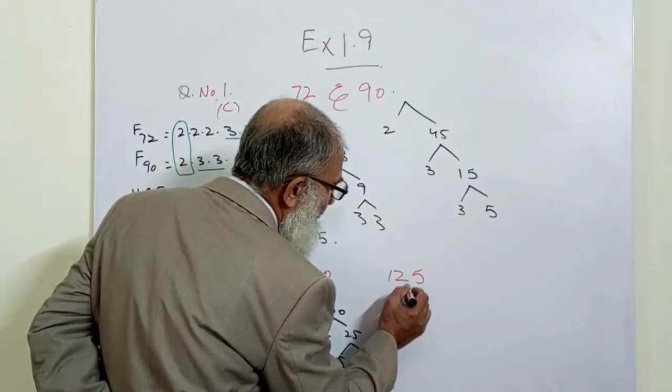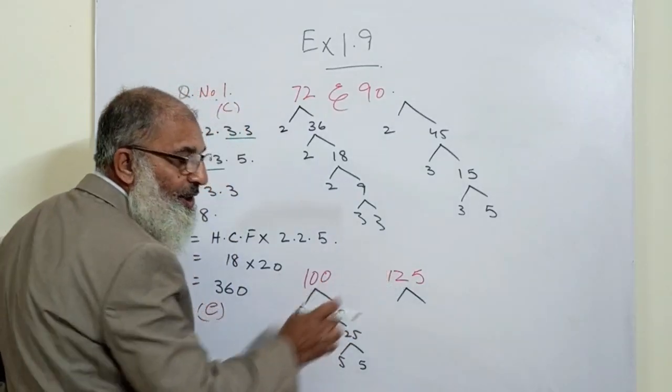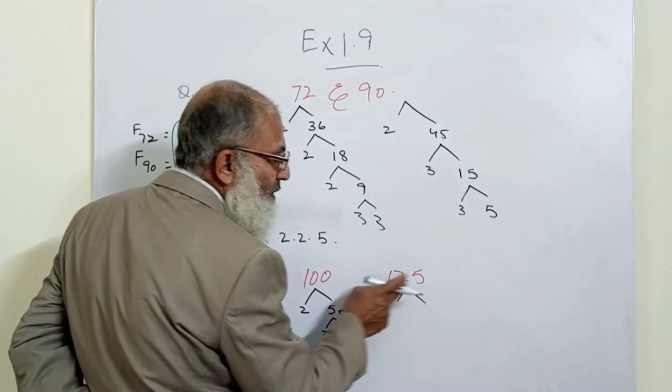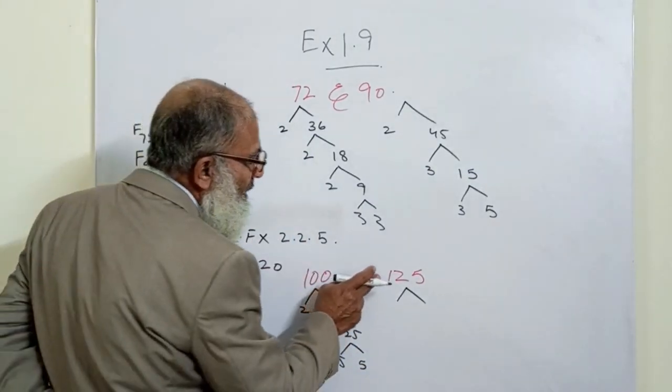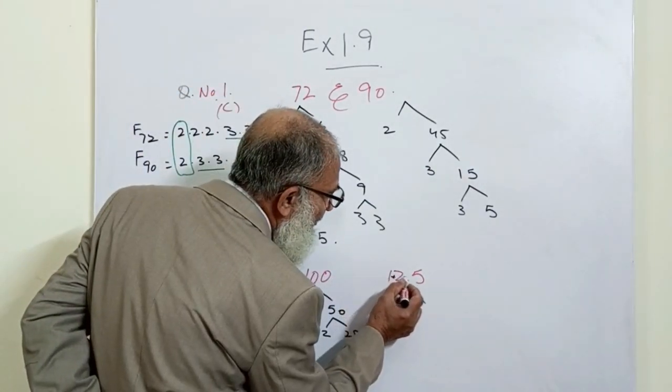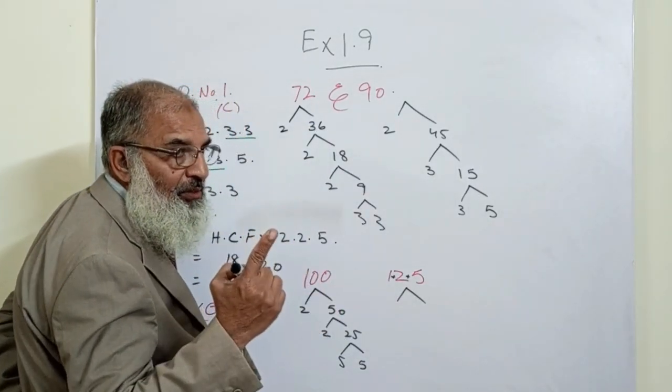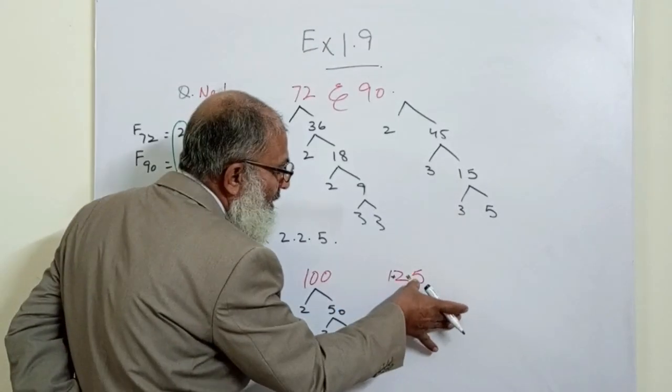It is not divisible by 3 either, because the number we get by adding the digits is 8, and 8 is not divisible by 3.